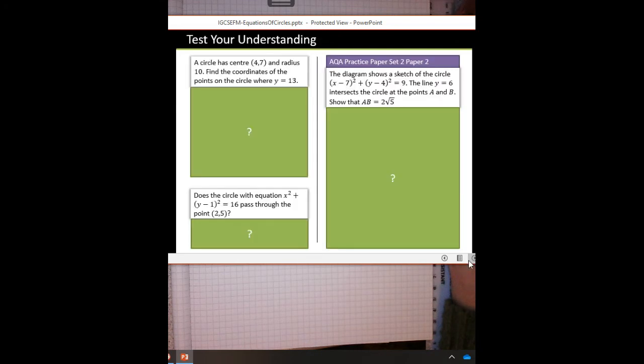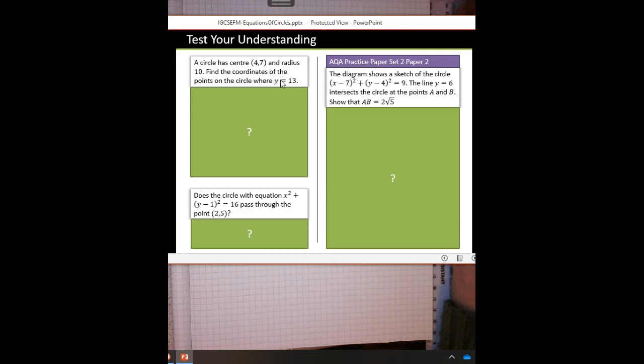Okay, this is an actual past paper question. There isn't a diagram, but you know what that looks like. It's a circle with a centre of 7, 4 and a radius of 9. The line y equals 6 is a horizontal line. So here's a diagram. There's a circle, there's a horizontal line. I need to find these 2 points.